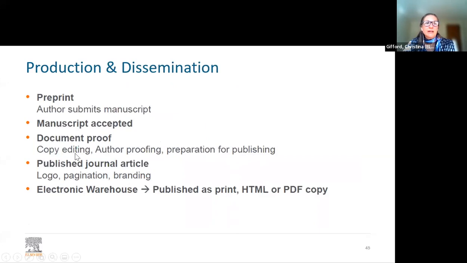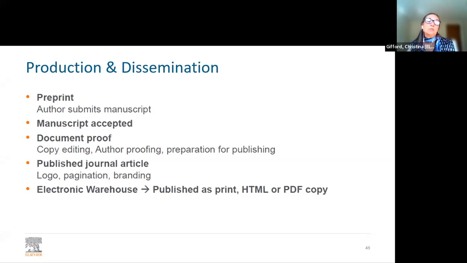The copy editing goes through our production system. They will go through, clean up any variations, send those proofs back to the authors with queries, and have you evaluate and make sure that the changes they've suggested are appropriate.